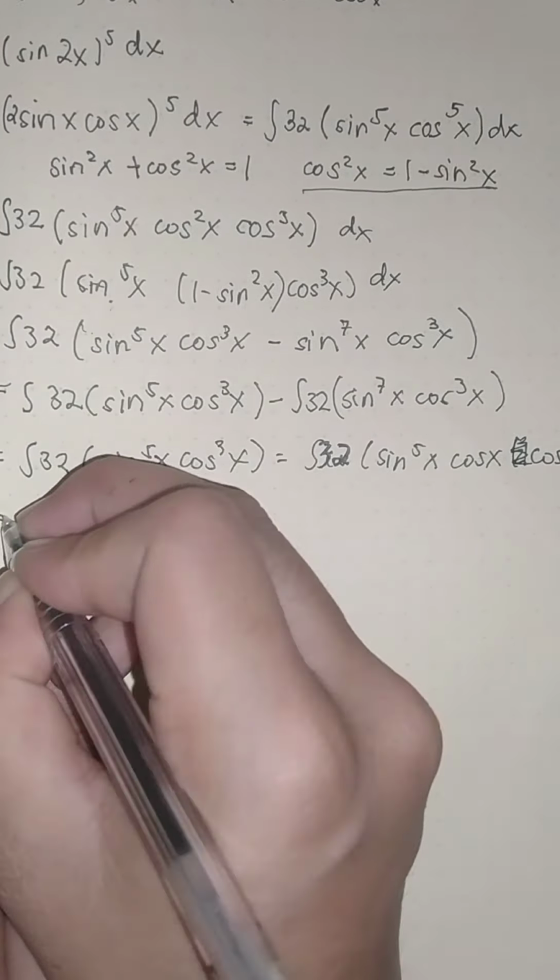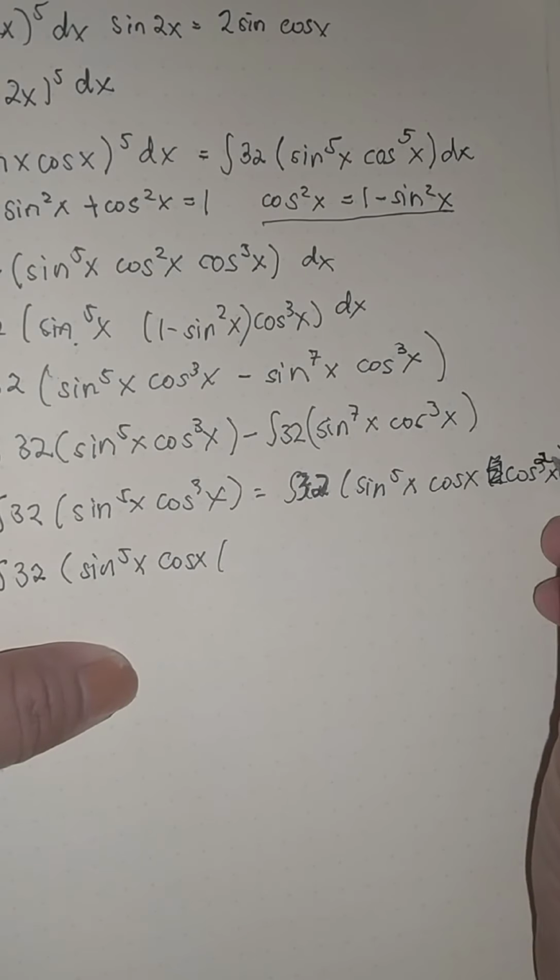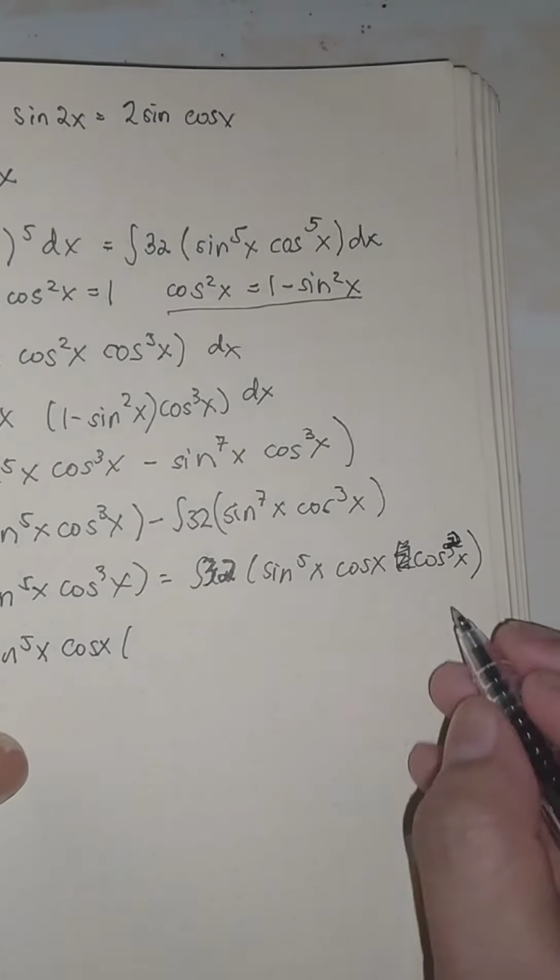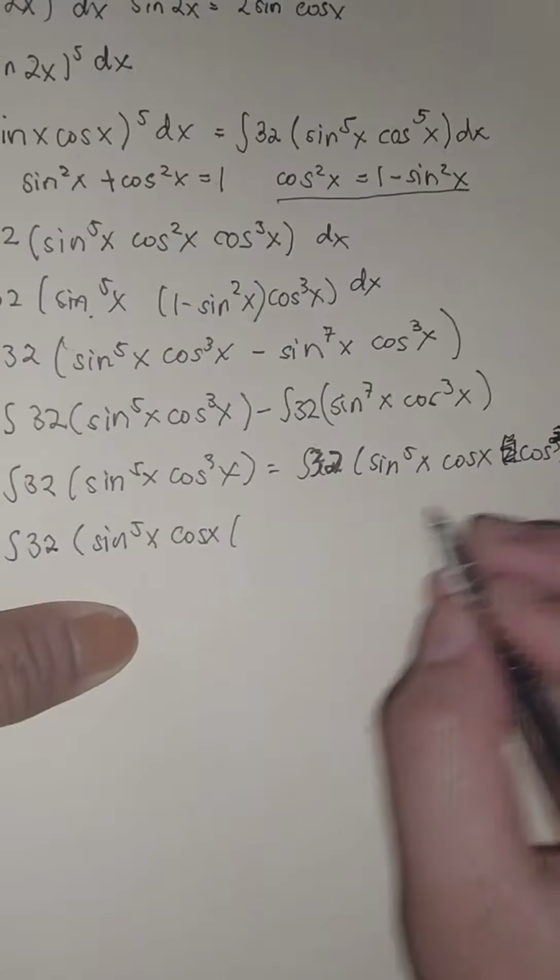Let's rewrite: 32 sine raised to 5 x and then cosine x, and then substitute cosine squared x, which is 1 minus sine squared x.